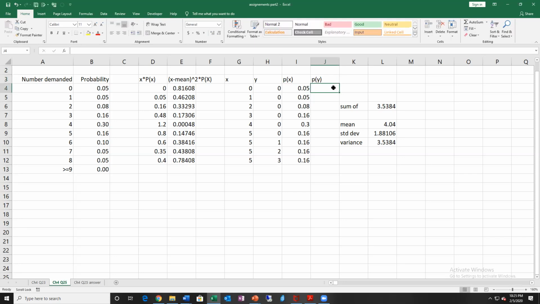What's the probability of needing 0 units? It's 0.05. In special stock, it's going to be 0, right? You don't need any units at all. No, this is just going to be 0, because we don't need any units.